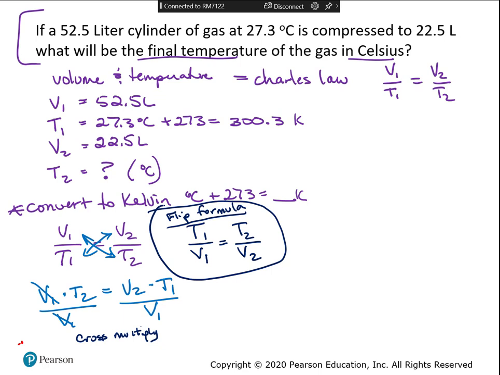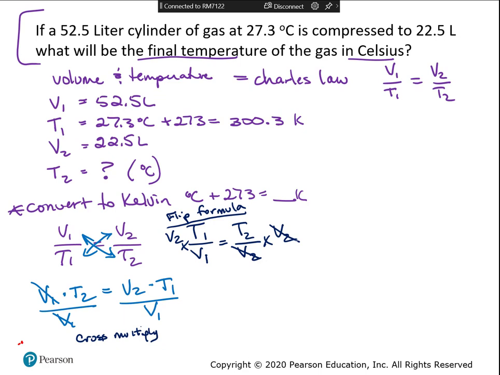T2 is my unknown. T2 has to be all by itself. That means I have to move V2, so how do I move it? If it's in the denominator and I want to move it to the other side, I have to multiply both sides by V2. If I multiply this side times V2, do you see that those would cancel?